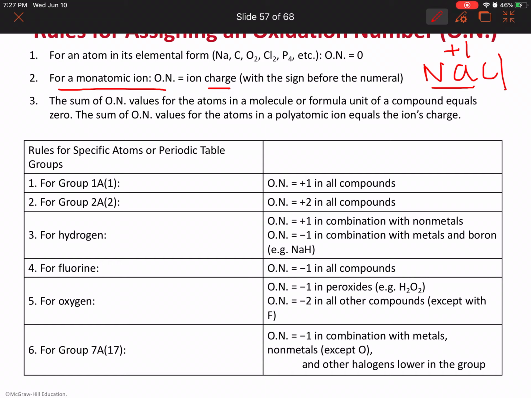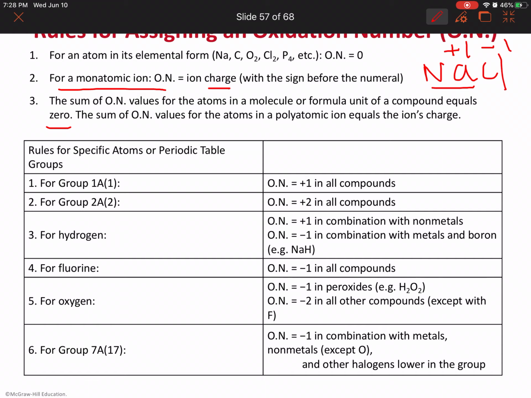And then the sum of oxidation number values for the atoms in a molecule or formula unit of a compound equals 0. Now for example, I have written sodium chloride here. Sodium oxidation number is +1, and the most common ion chlorine makes is chloride, -1.